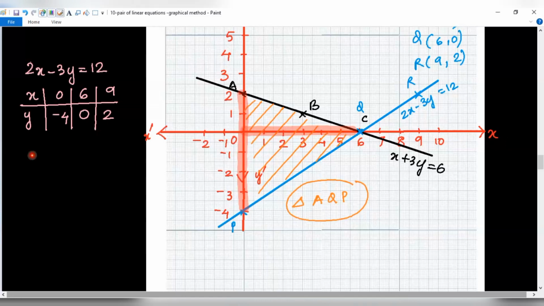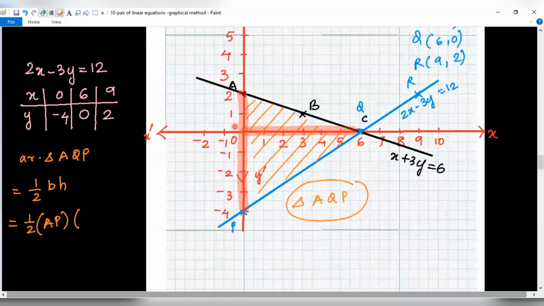Okay, so area of triangle AQP is equal to half of base into height. And here we have taken the base as AP and height as origin, let us take it as OQ.